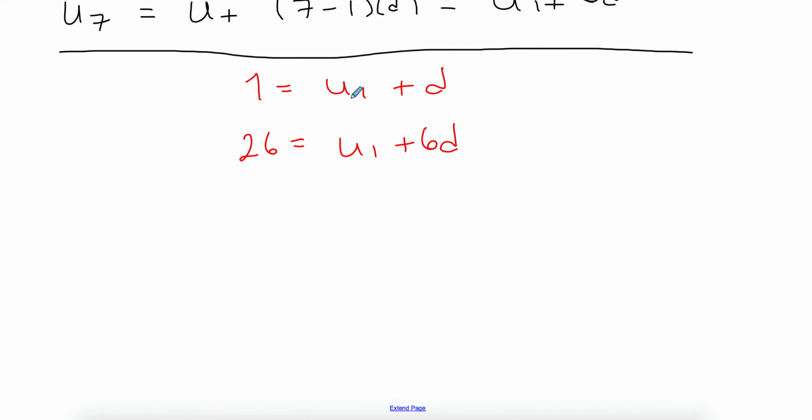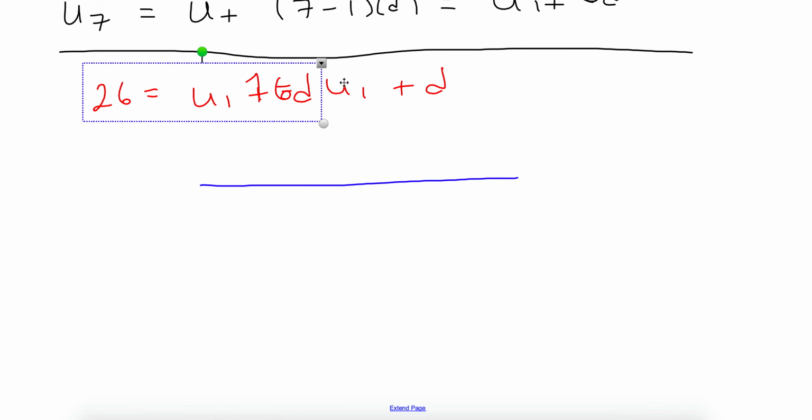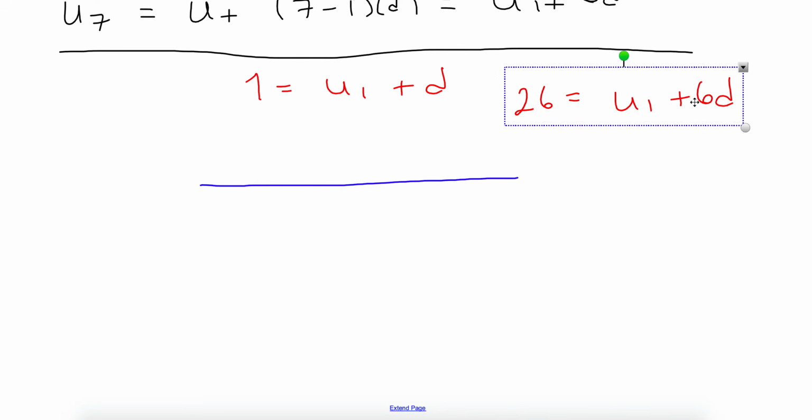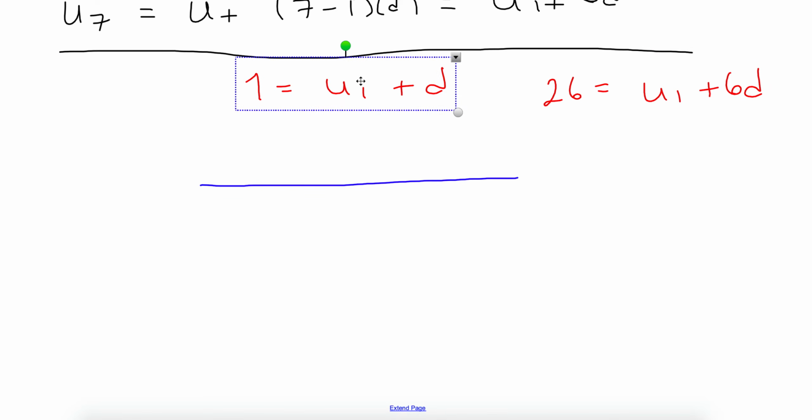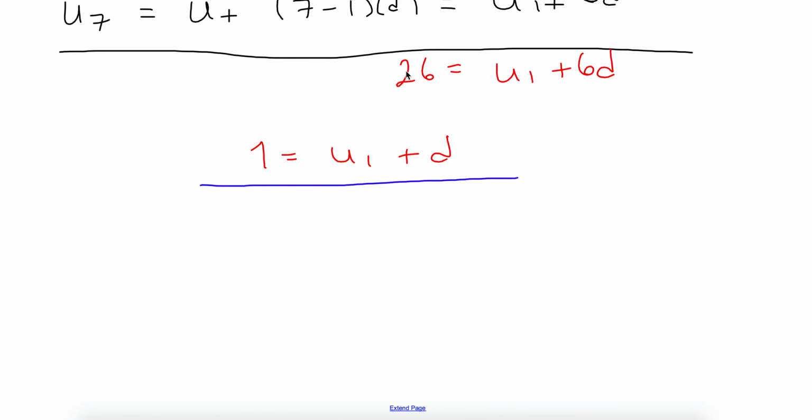Just imagine this is a simultaneous equation, with x and y, and you can solve it now. So I'm going to swap them around and take this to the bottom, so it's going to make it easier to subtract. We're going to subtract to cancel out the u1, so this would always work.